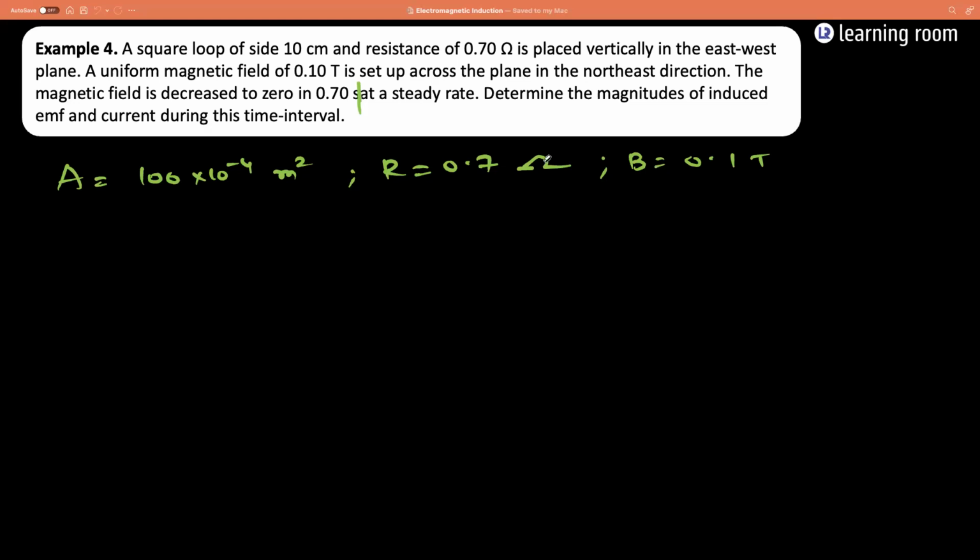Time is going to be 0.7 seconds. Determine the magnitude of the induced EMF. So EMF will be equal to delta phi divided by delta t, because they have asked magnitude. So how do I calculate delta phi, guys?